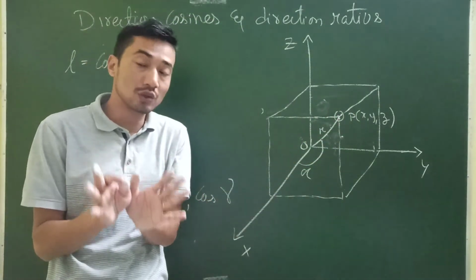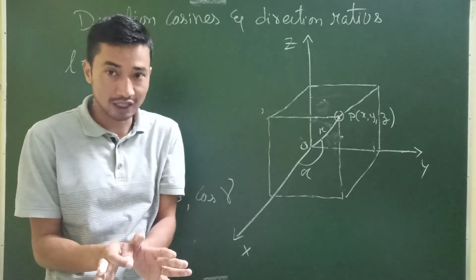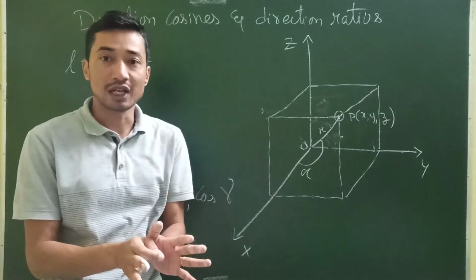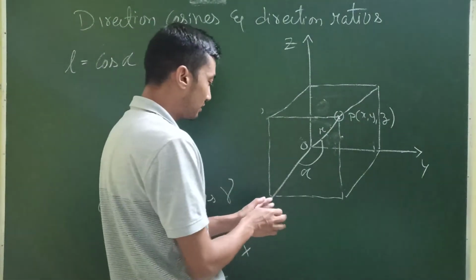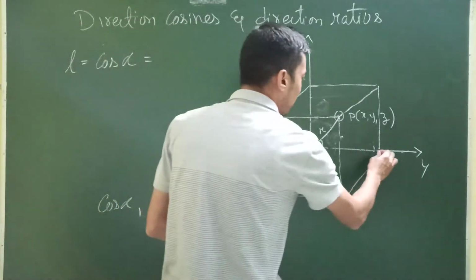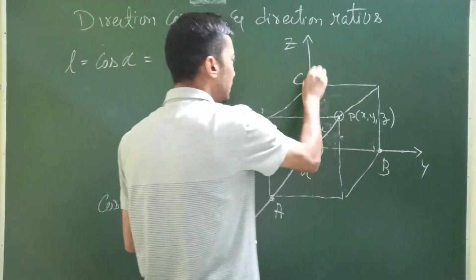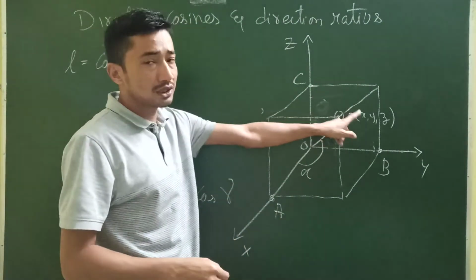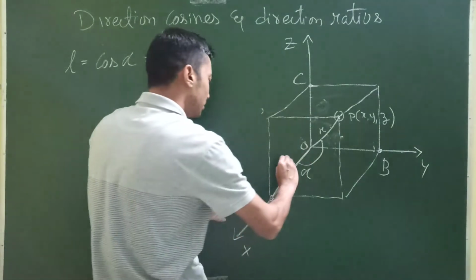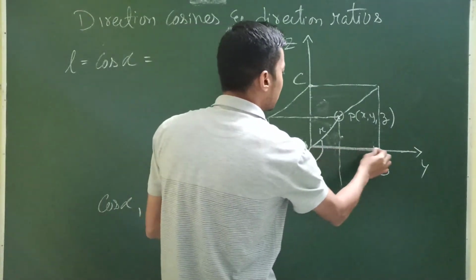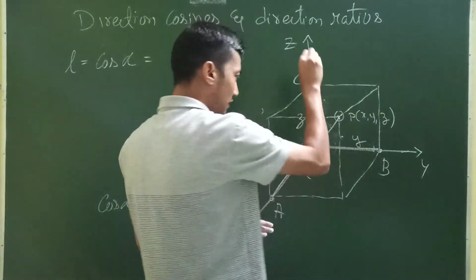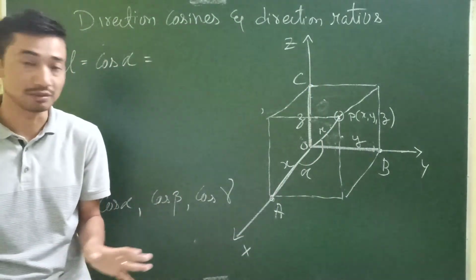It might not look as it is, but as I said, we have to imagine. Now, how do I find out? So let's say, suppose this is my point A. This is my point B and this is my point C. Now this point P, its coordinate is x, y and z. With respect to the axes, this length is going to be x, this is going to be y, and this length is z. Right? About the coordinate system, simple as that.